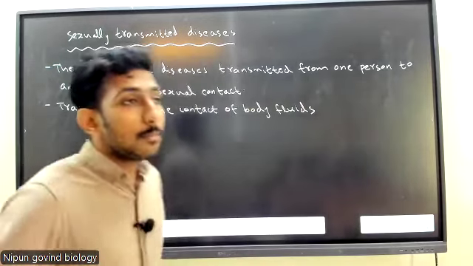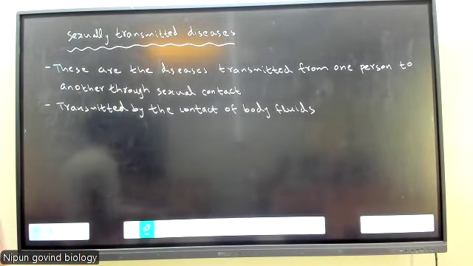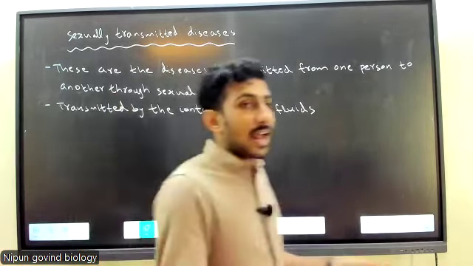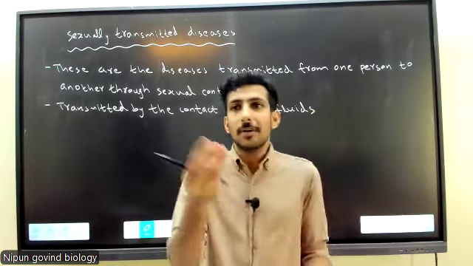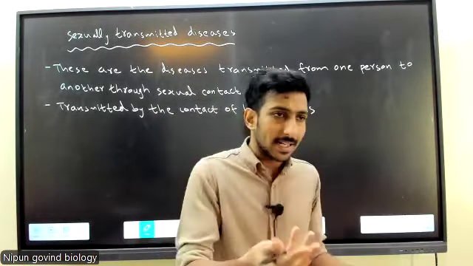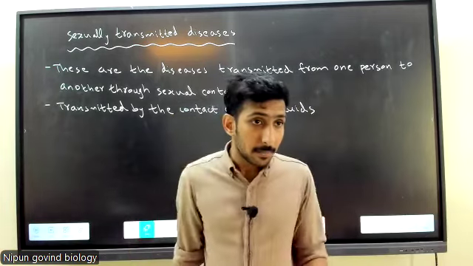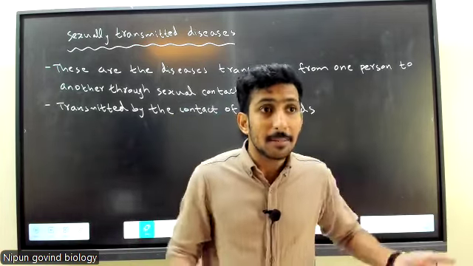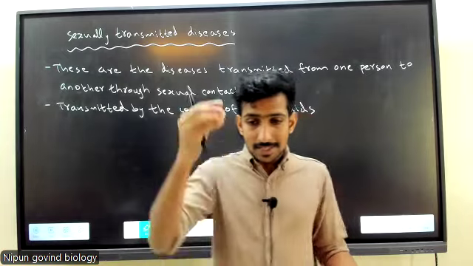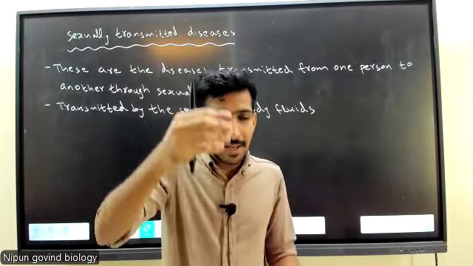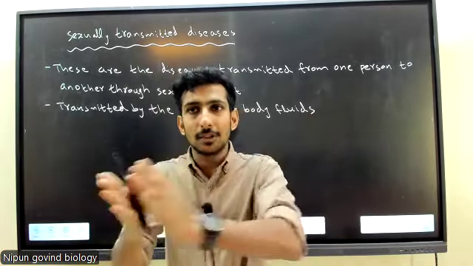Understood? But intercourse. While you are having intercourse, the fluids from the penis, the secretion of bulbourethral gland, sperm, semen. Semen is the body fluid. From the semen, the HIV may be transmitted from the male to female.